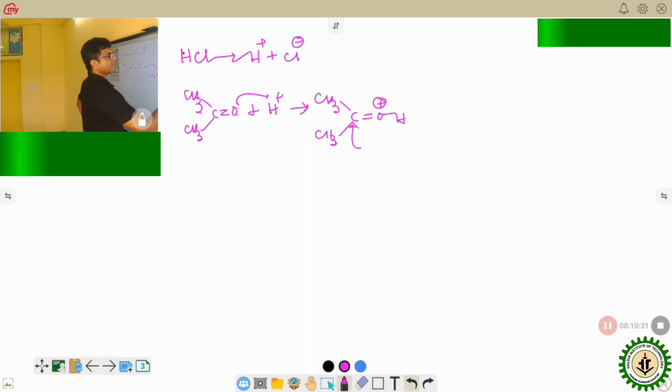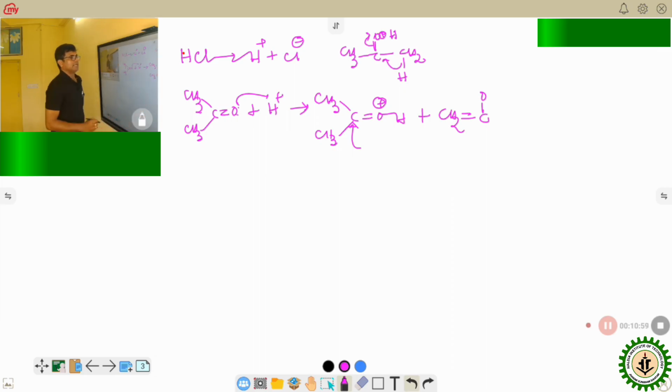Now, the second step is that the ketone, in presence of acid, forms an enol. How? Say if I take this ketone and in presence of acid, this enol is formed, because enolization is also carried out in presence of acid.